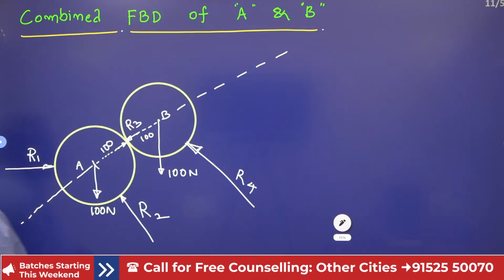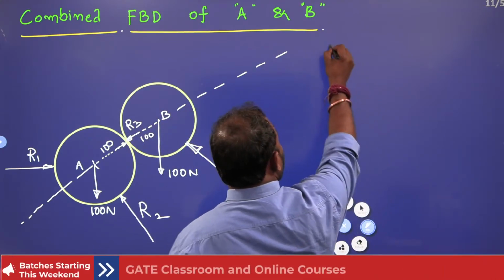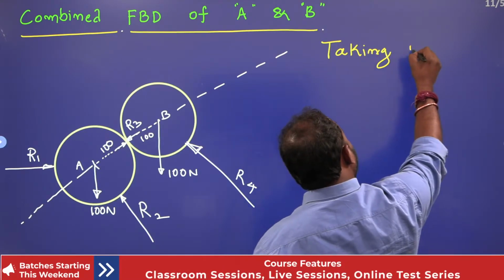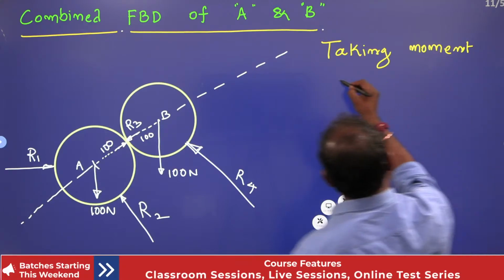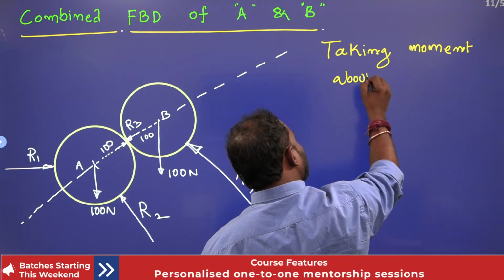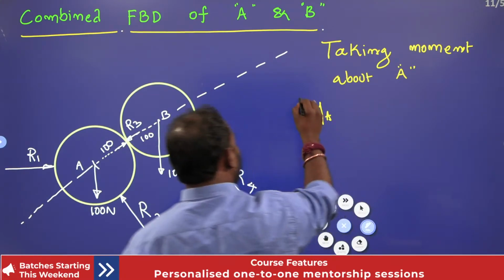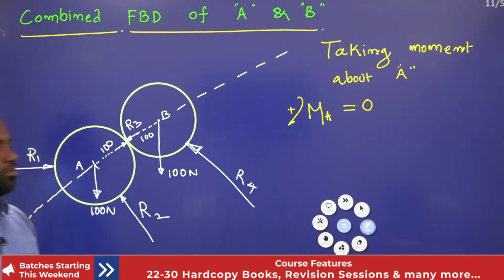Now taking moments about A. Taking moment about A, MA equal to 0. Clear, everybody?